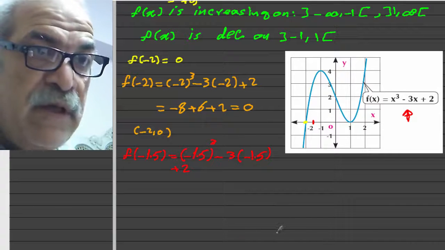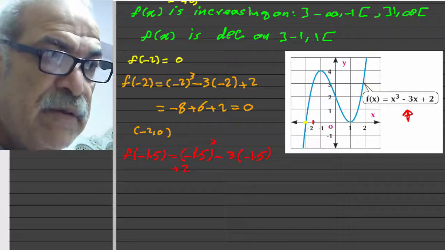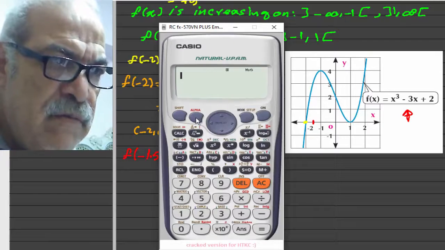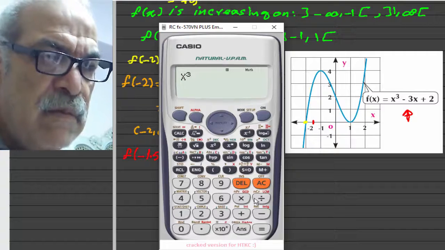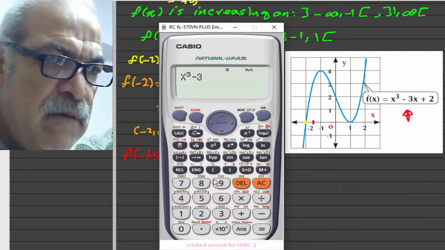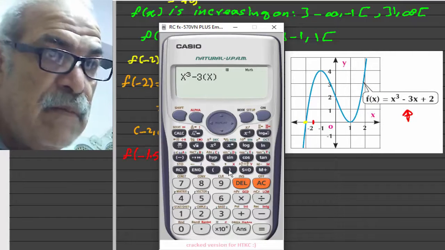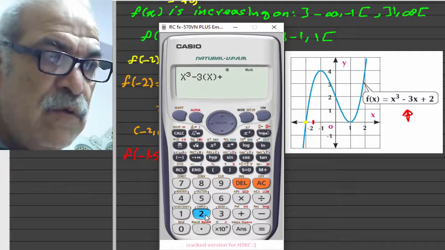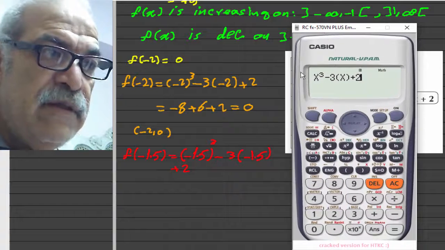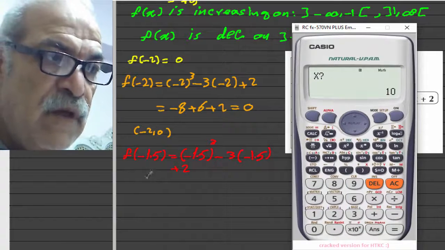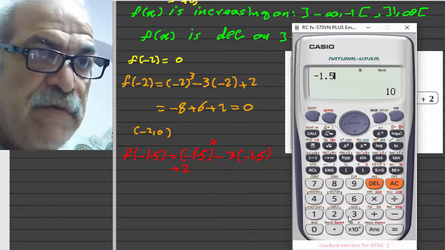And we calculate it. You can use a calculator here. We write the function x to the power 3 minus 3 multiplied by x plus 2, and we calculate for x equals negative 1.5.